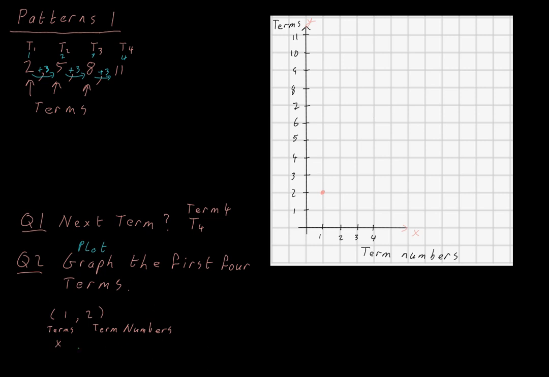That's our x's and our y's. Now can we do that for the other ones? Well, term 2 is 5. So that's going to be 2, 5. Our next term would be 3, 8, and our next term would be 4, 11.